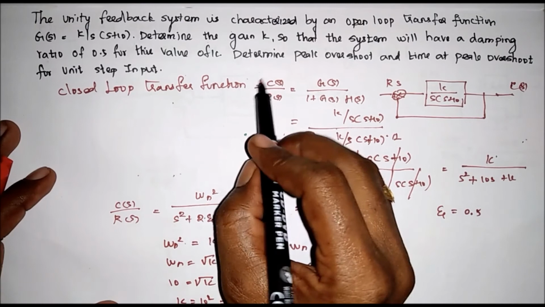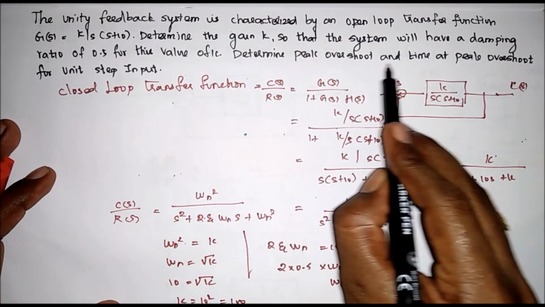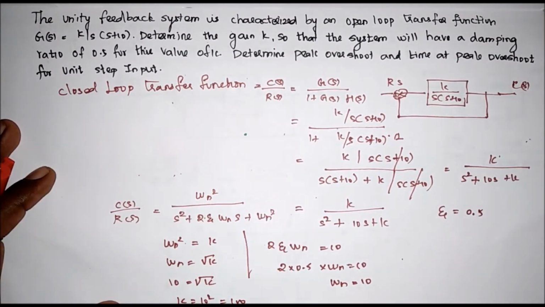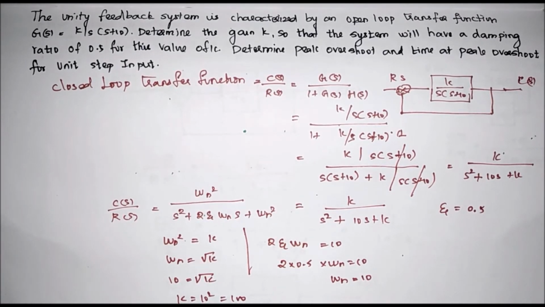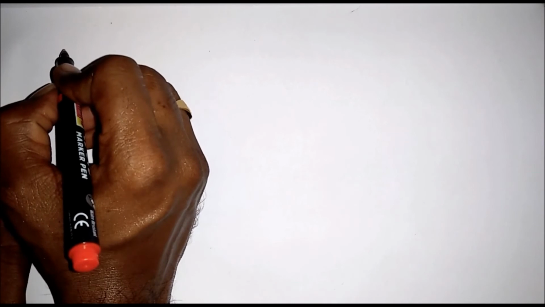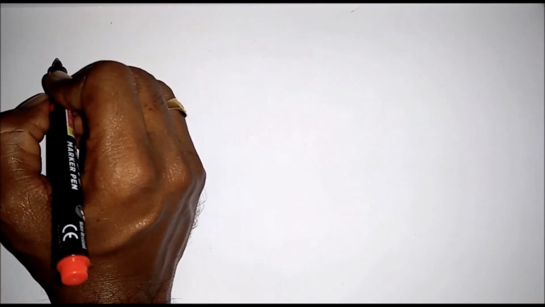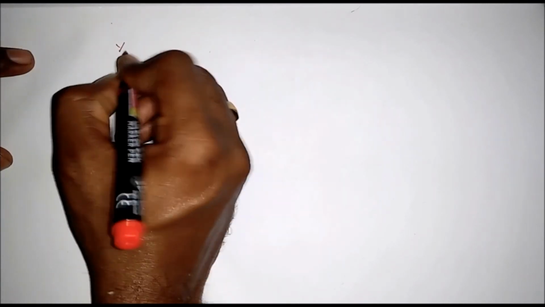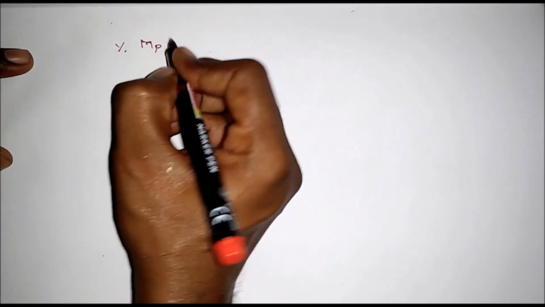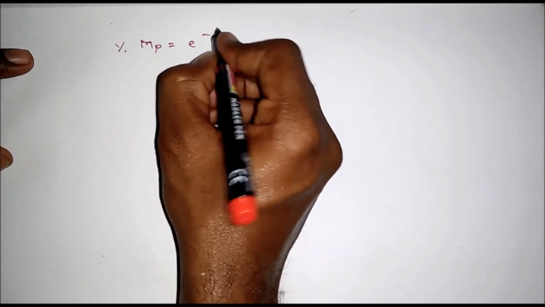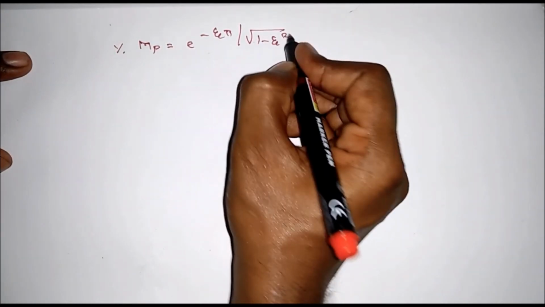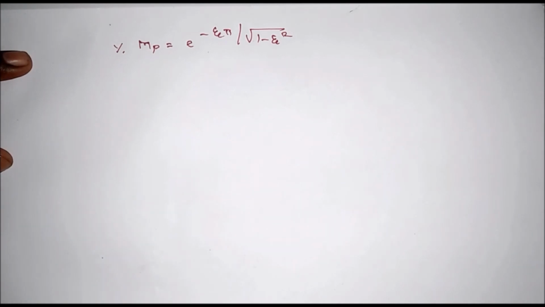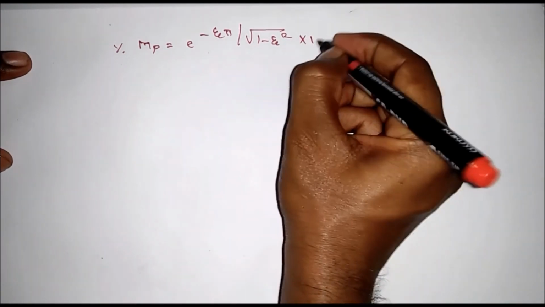Next, what is the second requirement? Determine the peak overshoot and the time at peak overshoot for a unit step input. The time at peak overshoot is nothing but the peak time. We know the formula for percentage peak overshoot: Mp equals e power minus eta pi divided by square root of 1 minus eta square, into 100.